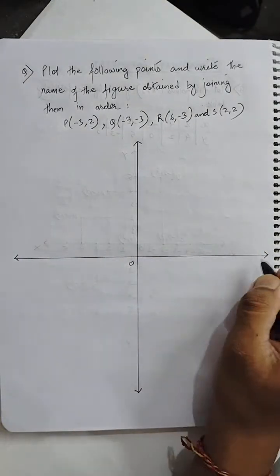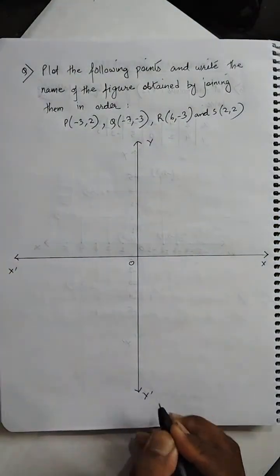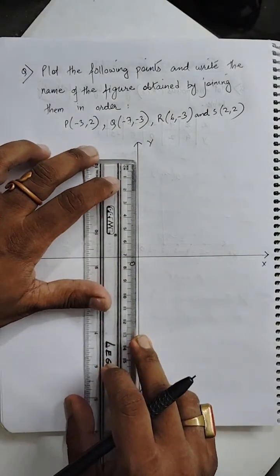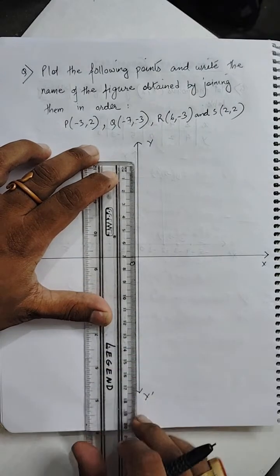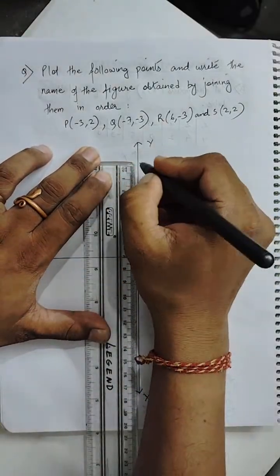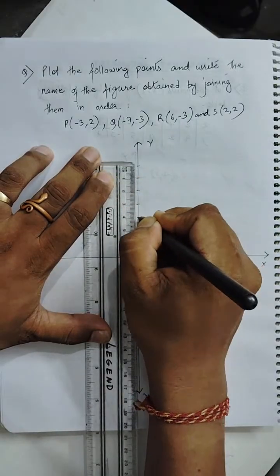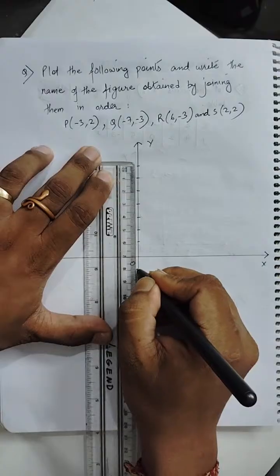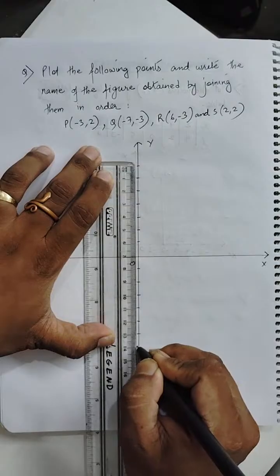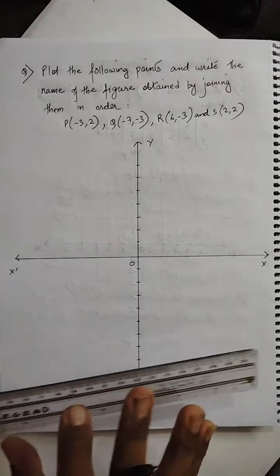So this is origin, this is x dash, y and y dash. So I am taking a gap of 1 centimeter between the points.